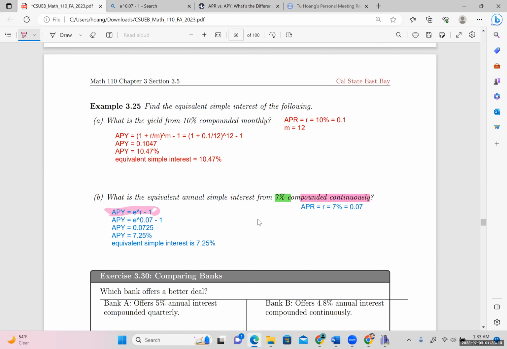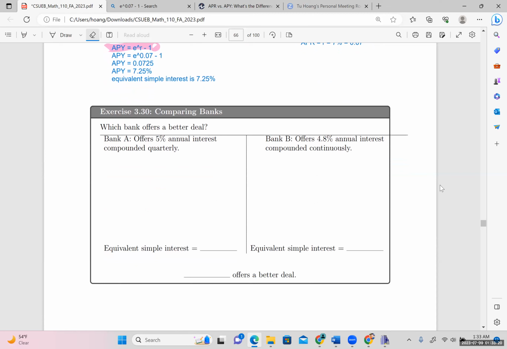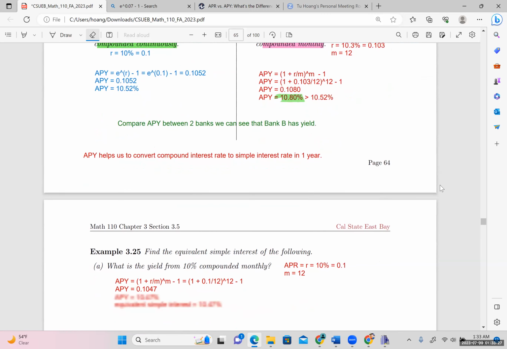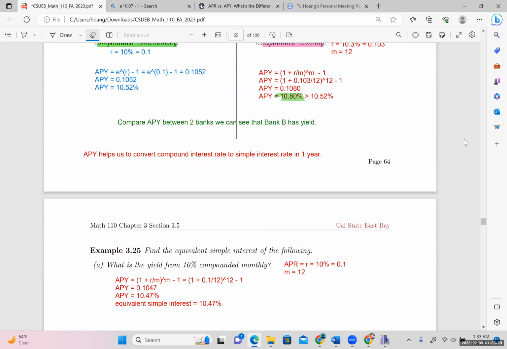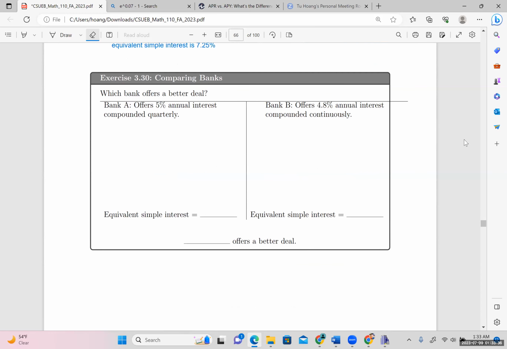Okay, so go ahead and try the way we have just done from example 3.24 to do the problem, exercise 3.30 here, and I'm going to give you the answer key for the equivalent simple interest.